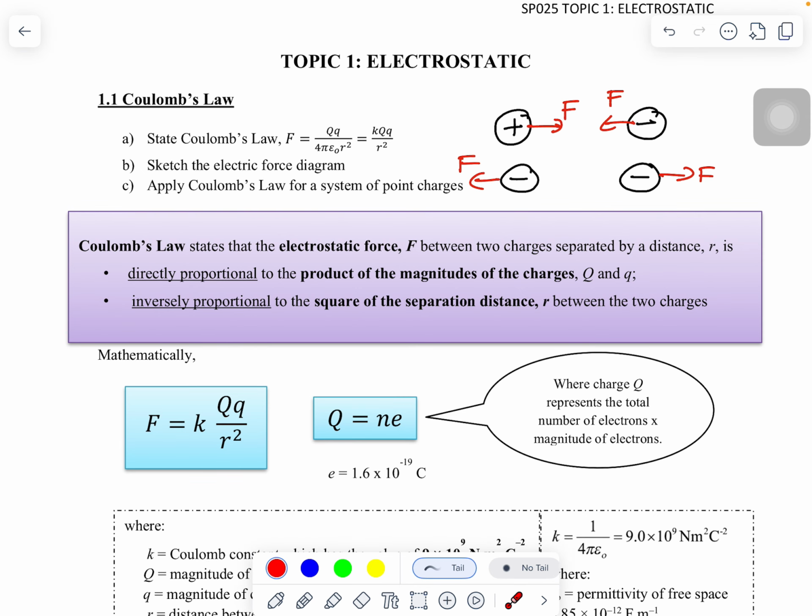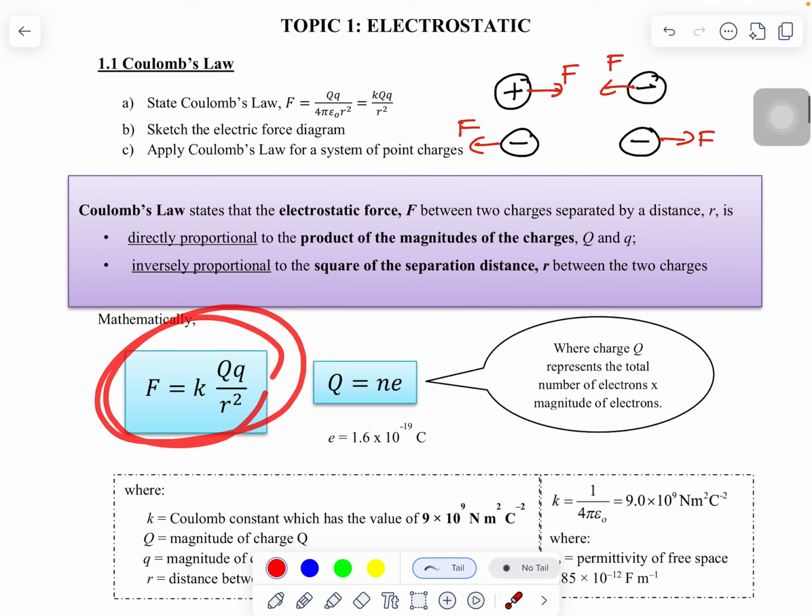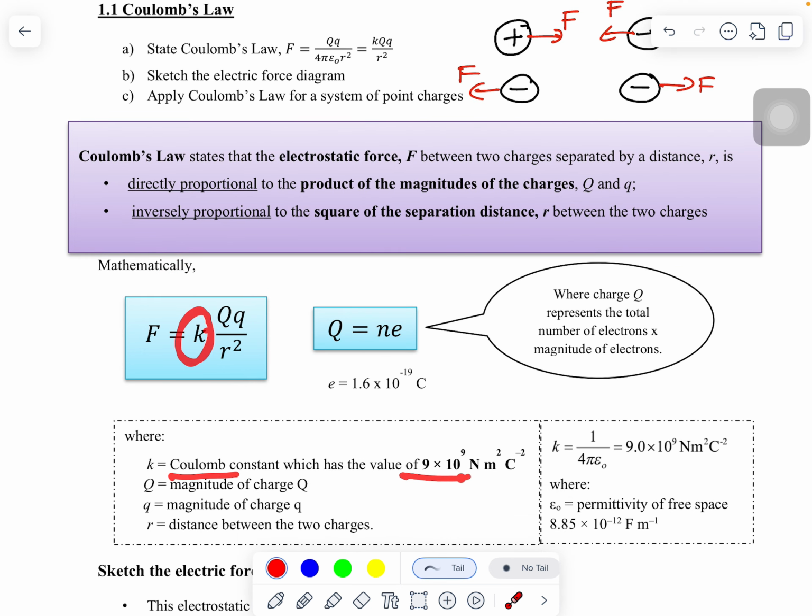Okay, so mathematically we can say that force is equal to K. K adalah Coulomb constant, 9 exponent 9 Newton meter square per Coulomb square. Q, ada Q besar, ada Q kecil. Ini untuk membezakan value charge between the two charges. Usually I will label K Q1, Q2, and then divided by R square.